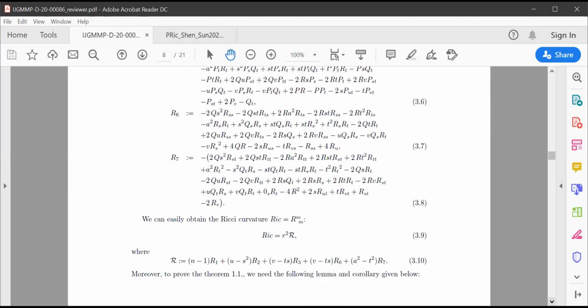If the program is okay, with no typos, then you should be able to get it. Now we can easily obtain the Ricci curvature, which is given by equation 3.110.